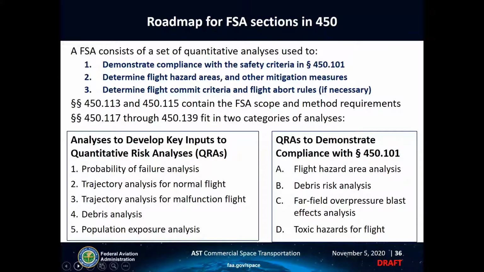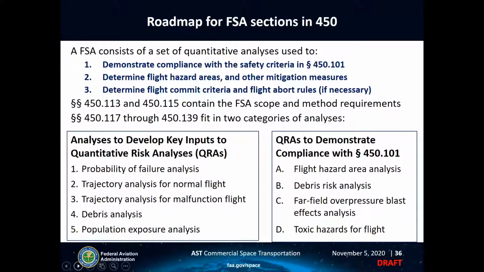Population exposure analysis is another key input to the quantitative risk analyses. The other category is the quantitative risk analyses themselves that demonstrate compliance with 450-101. So there we have the flight hazard area analysis, debris risk analysis, the far field overpressure effects analysis, and the toxic hazard analysis.